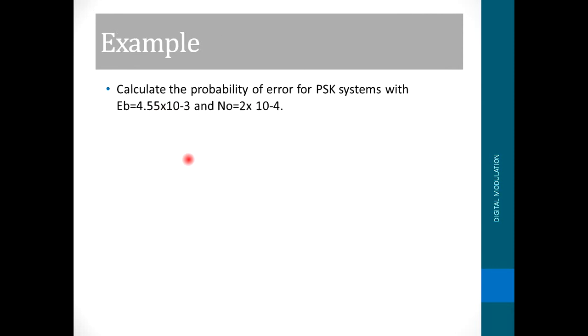Okay, let's try this example. Calculate the probability of error for a PSK system with EB equal to 4.55 times 10 to the power of negative 3, and NO equal to 2 times 10 to the power of negative 4.